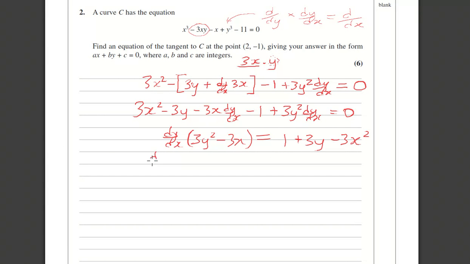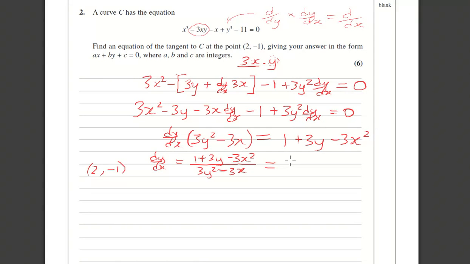Now what we've got to do is write down what dy by dx equals. So it's 1 plus 3y, minus 3x squared, all divided by 3y squared minus 3x. Now we've got to plug in our point so we can find the gradient of the tangent. It's at the point 2, minus 1.